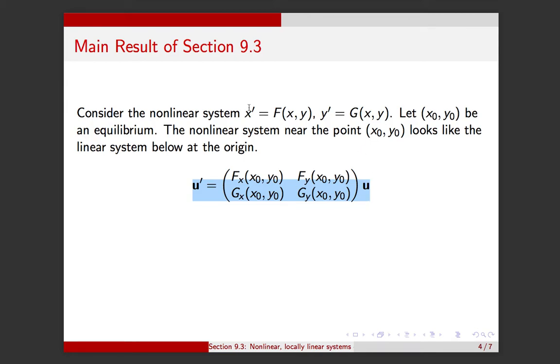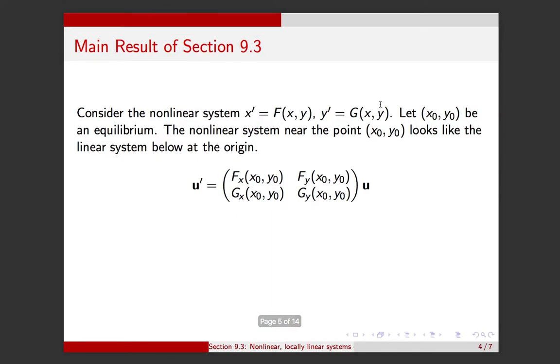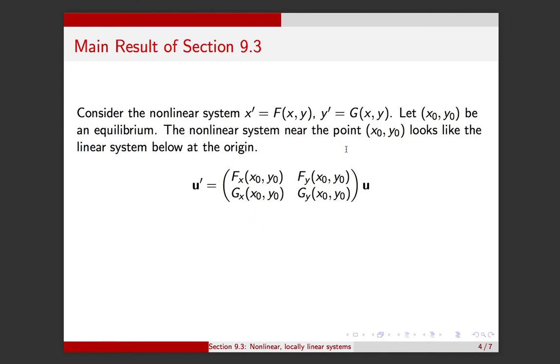If you have a nonlinear system like this, with capital F and capital G nonlinear functions, and you have some equilibrium, like say the origin, or 0.5, 0.5, or whatever. There are 4 of them from the slide, right? If you zoom in on that equilibrium, what you will see is a picture like what you saw in 9.1. This is a linear system here, where this is centered at the origin.